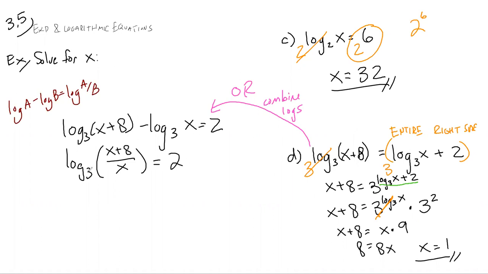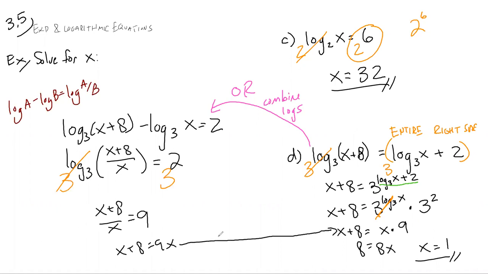And then done our base 3 on both sides, and that will cleanly cancel right now. So we get x plus 8 over x is 9. It is a rational equation, so maybe you don't like that, but it's not too difficult to solve. We just bring the x up, x plus 8 is 9x, and you can see we are right here in the equation. So we should get the exact same result.